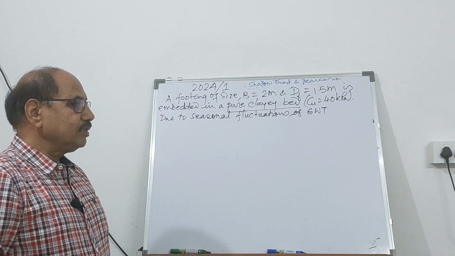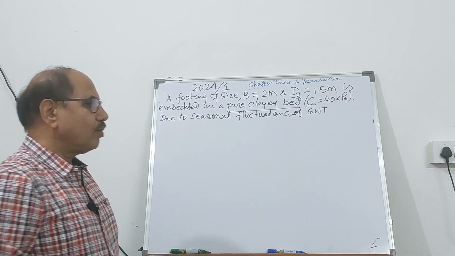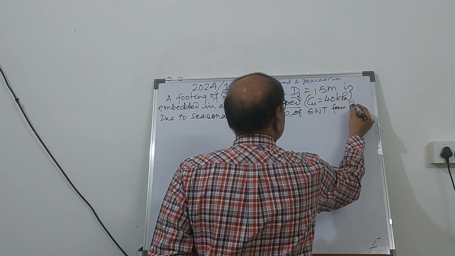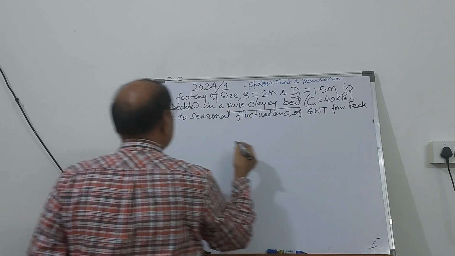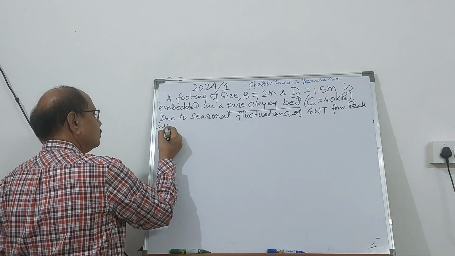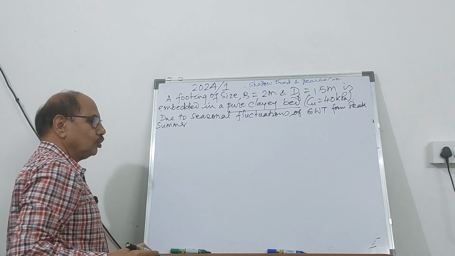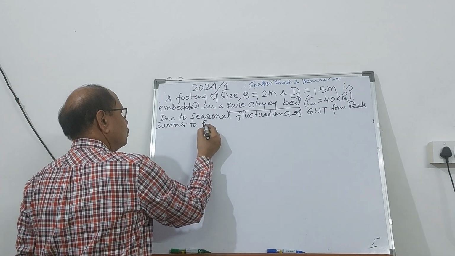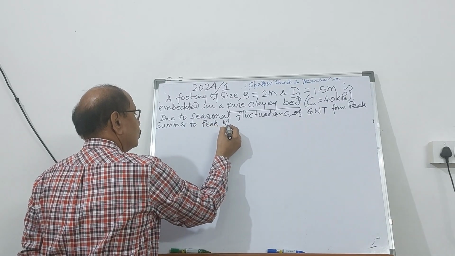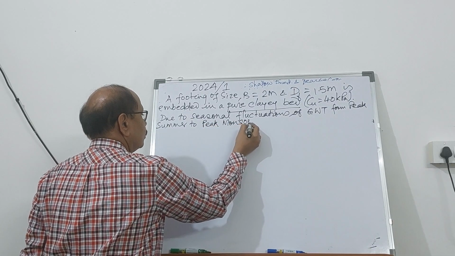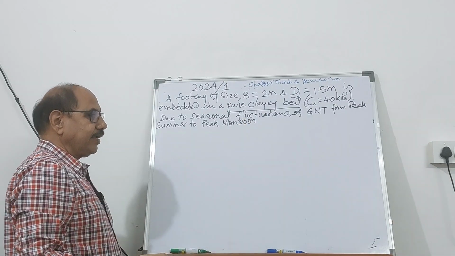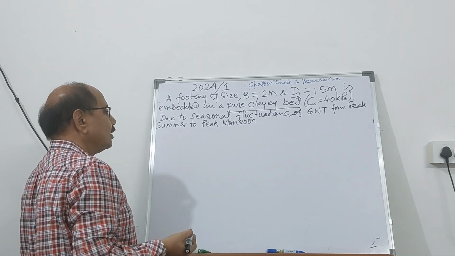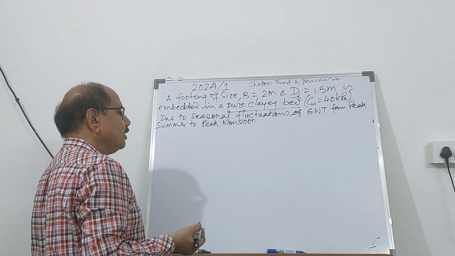the groundwater table is going to fluctuate from peak summer, when it will be the lowest, to peak monsoon, where the groundwater will be at its highest position, or at a shallow depth.